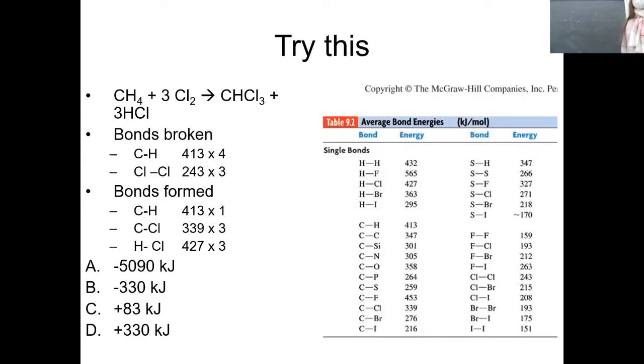So notice that if I compare methane to chloroform, I have this one bond between the carbon and the hydrogen that I broke and then I reformed it. And obviously when this chemical reaction would happen, that wouldn't occur and those numbers are going to wash out anyway. So if you notice things like that, it is legitimate to say, well, I'm just breaking these 3 and forming these 3 and I'm not doing anything with this.